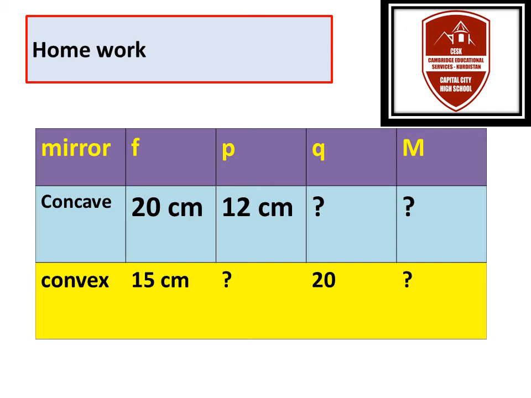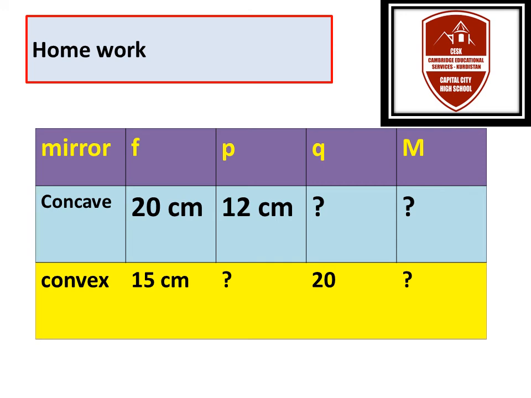Here we have homework. This homework is a table. The first column is the types of mirror. We have 2 questions: one about a concave mirror, the other about a convex mirror.